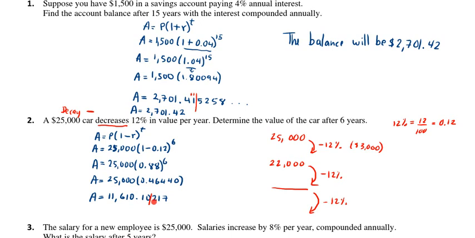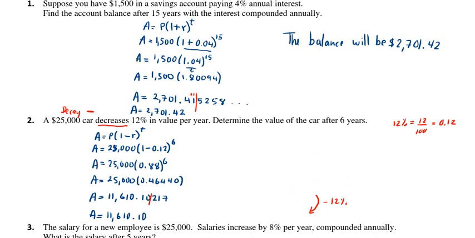We look at the following number. This is only 2. It's less than 5. So we need to keep it exactly as it is. Therefore, the value of the car after 6 years is $11,610.10. I'm going to erase this so I can write the answer.